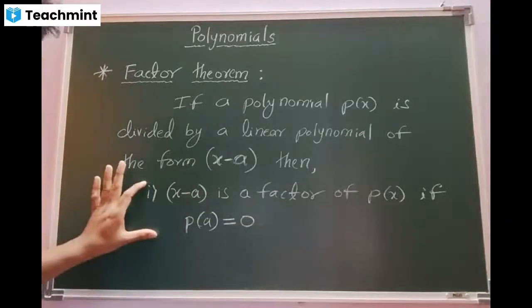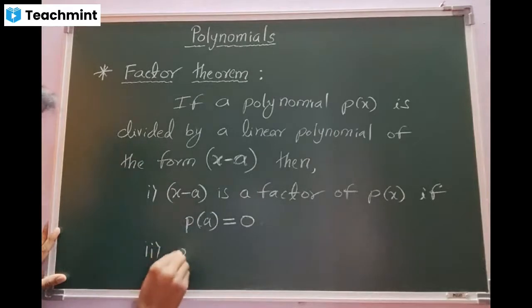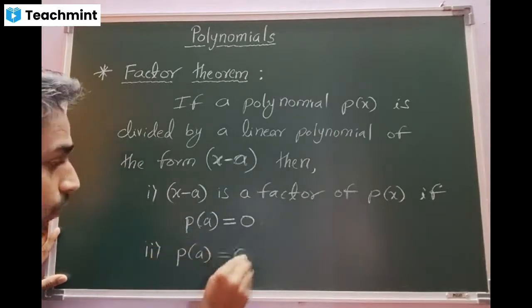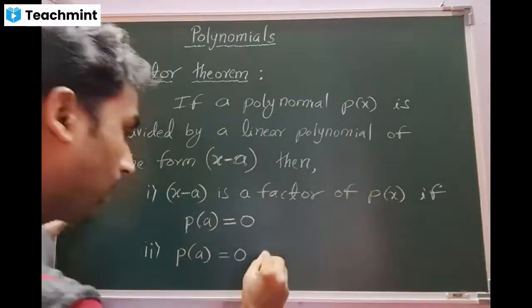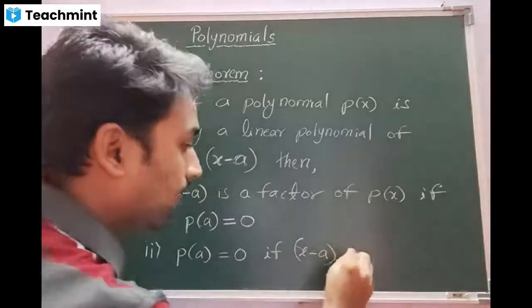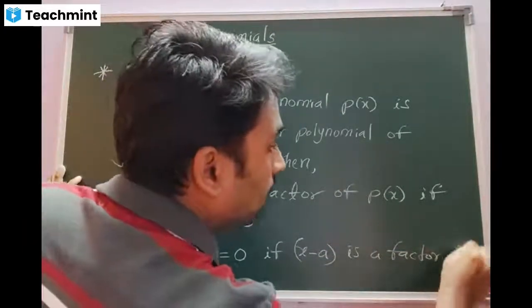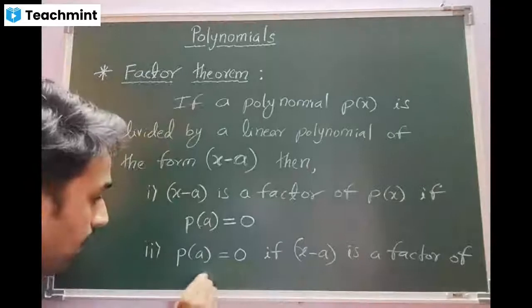This is the first condition. Now, second condition, p of a equal to 0 if x minus a is a factor of p of x.